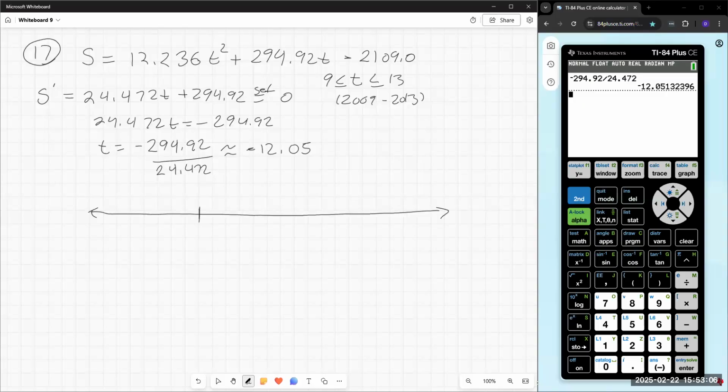So my critical number is down here somewhere, and my interval of interest is up here somewhere.